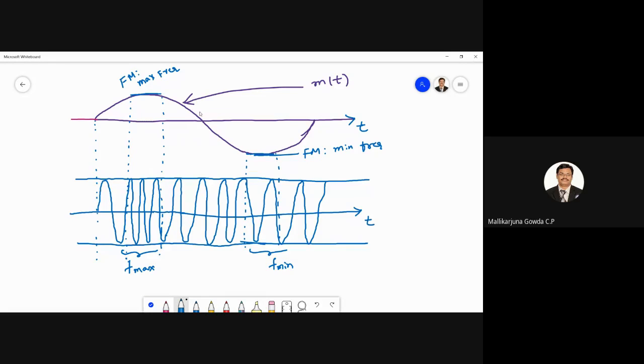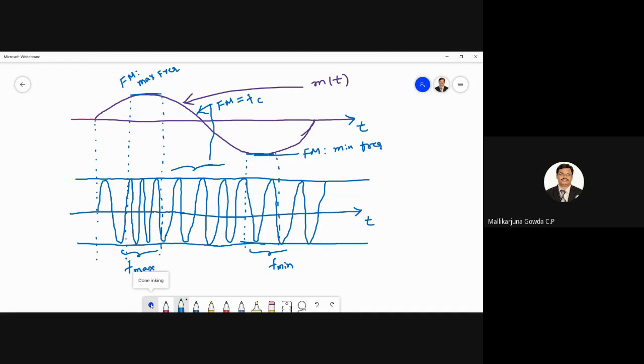At other points of time, the frequency of the modulated signal will be equal to the unmodulated carrier frequency. In this portion of the message signal duration, it will be the unmodulated carrier frequency.